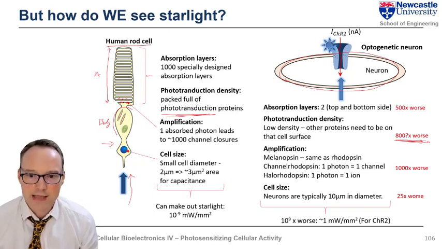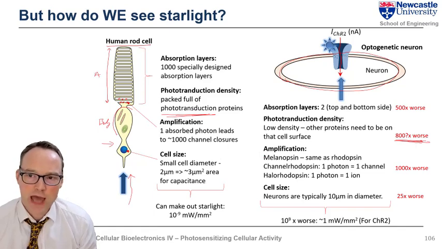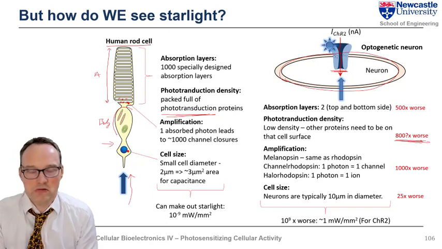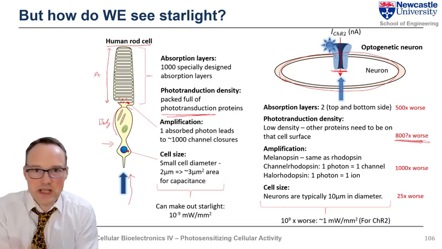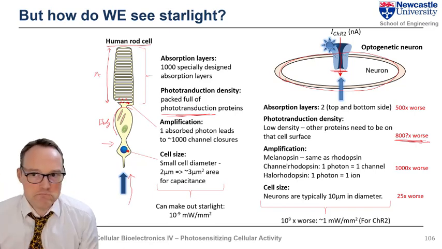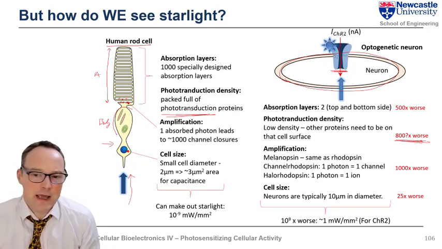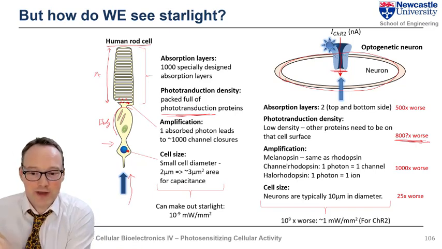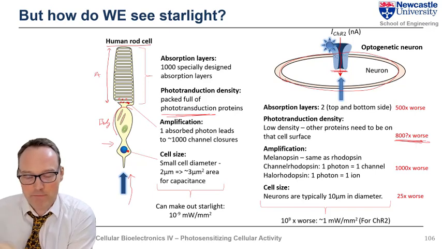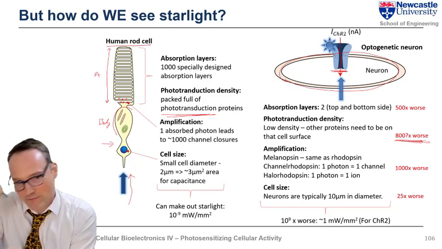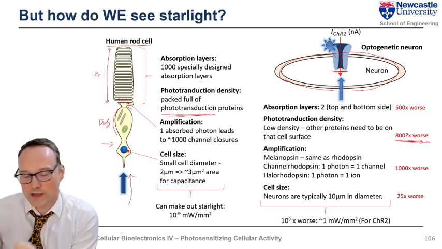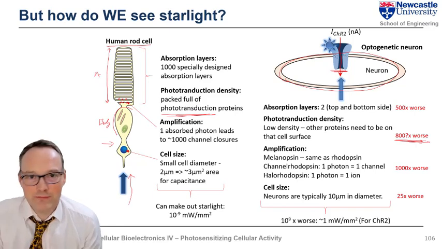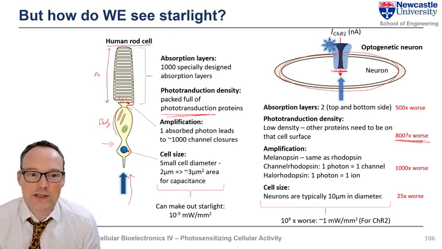The third thing is amplification. If we use a standard channel rhodopsin, it's just a channel. Light goes in, the channel opens up, and ions enter the cell. If you use a light activated pump, it's even worse. It's just one photon absorbed equals 1 ion passed through to the other side.